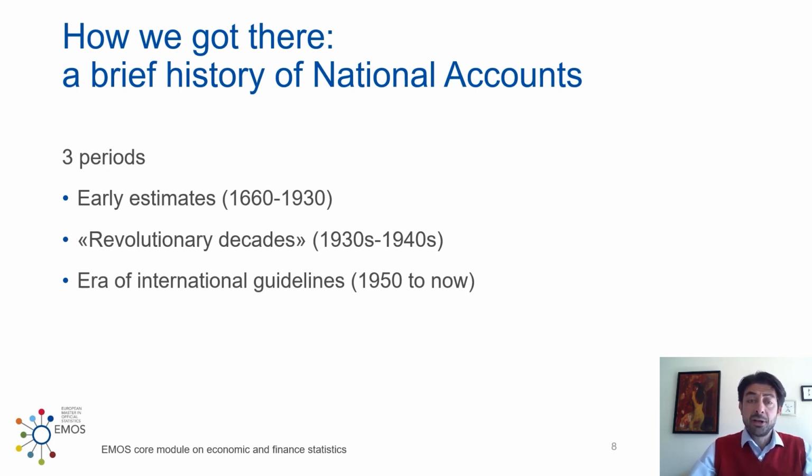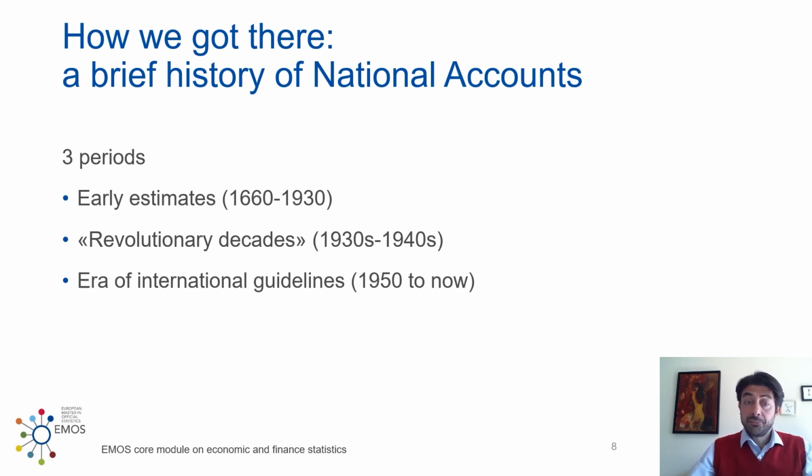The second period is much shorter, but it's very significant as it marks a consistent advancement in the national accounts. This is why it is labeled in this slide the revolutionary decades. It's the period between the 1930s and the two world wars.